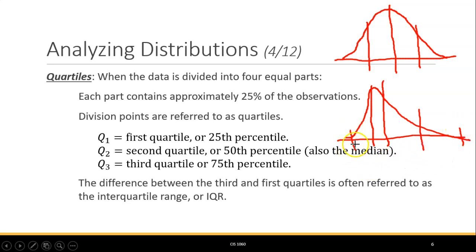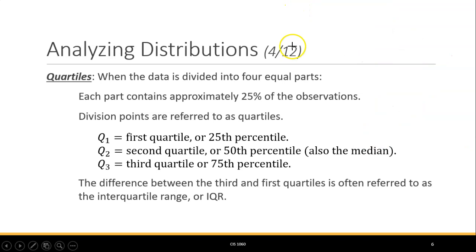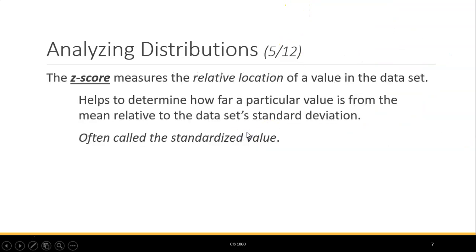Okay, so there's 1, 2, 3, and 4. And the reason is because this takes into account the number of occurrences that are in that particular range. All right, just to make that clear with what we're handling.